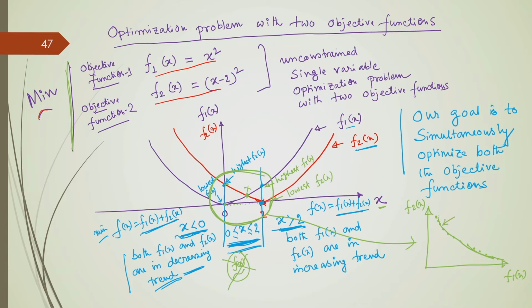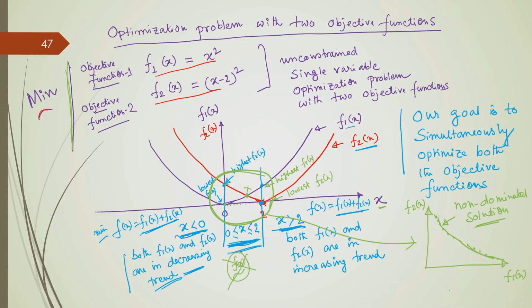This type of plot is called, in multi objective optimization, a non dominated solution. And a set of optimal non dominated solutions is called the final solution of a multi objective optimization approach. Okay.